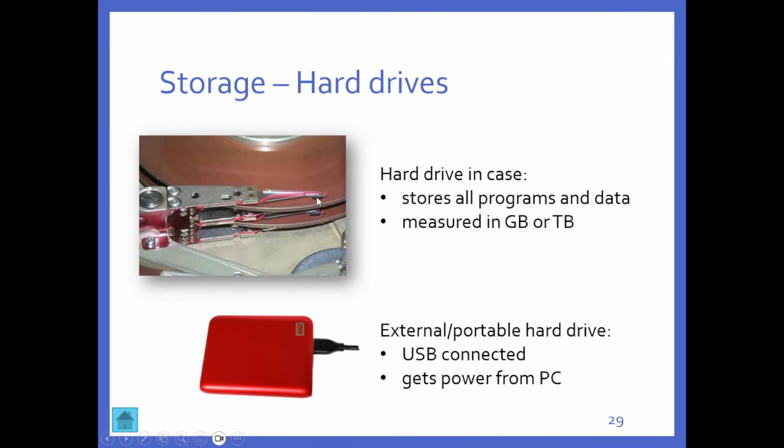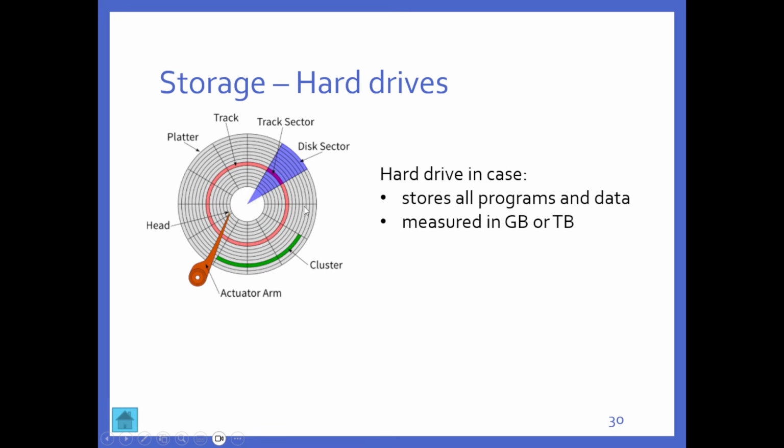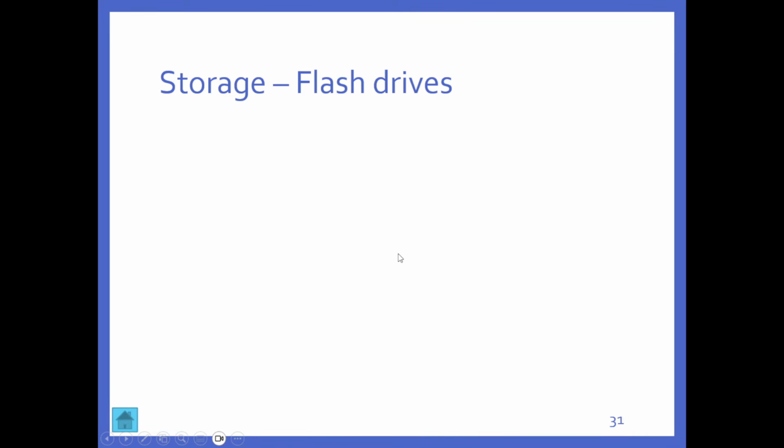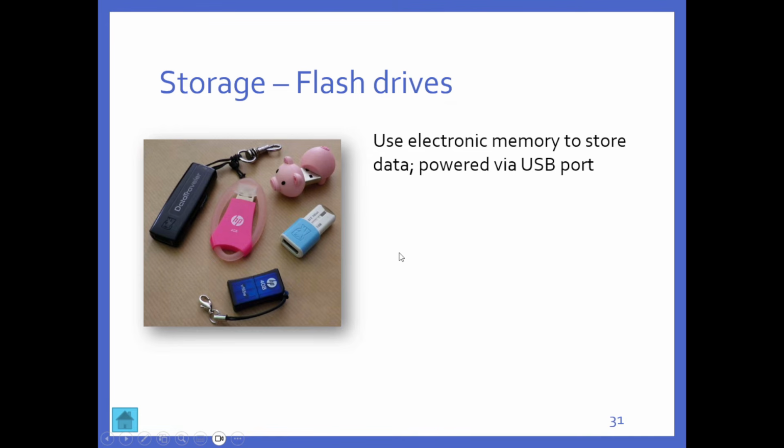That is the head that's writing the information onto these platters. Okay. Now, remember, our hard drive stores all our programs and data. The external hard drives like this, it works differently, but this is how our traditional hard drive works. We also have flash drives.